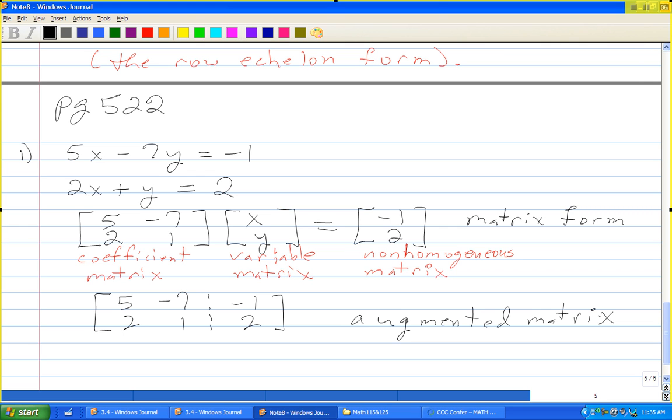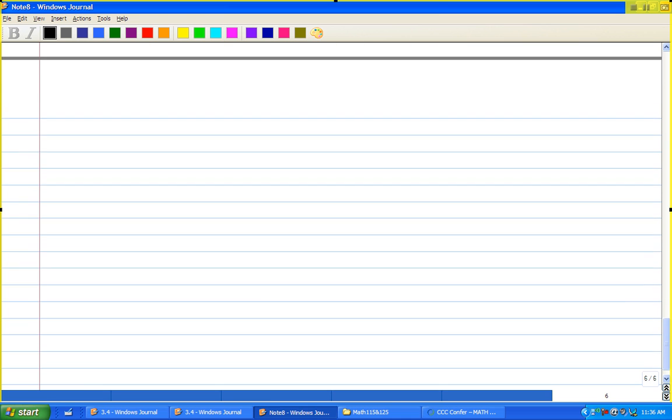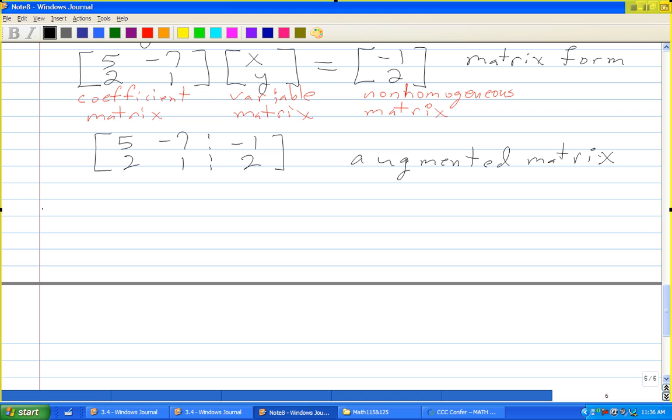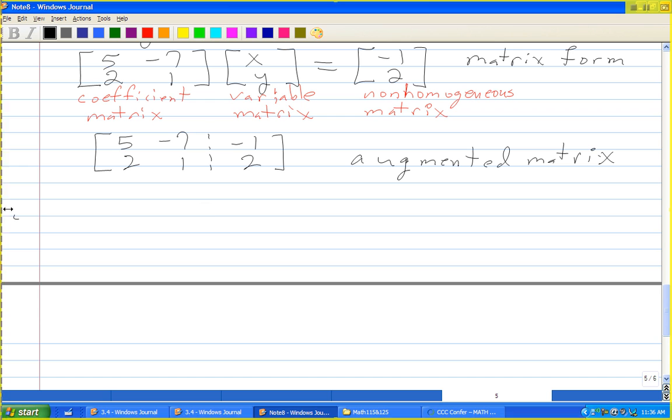Let's do problem number 6. Negative 2x minus y minus 3z equals negative 3.